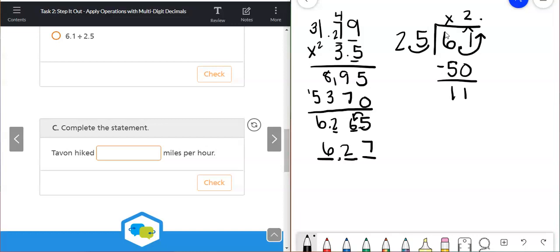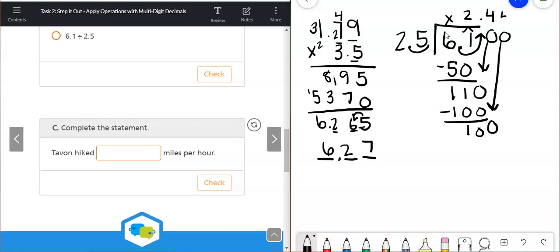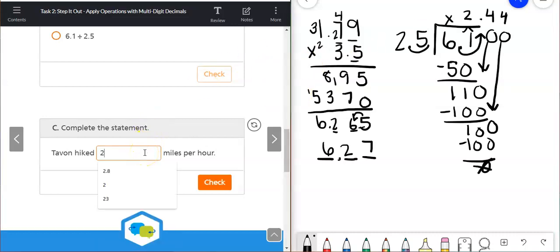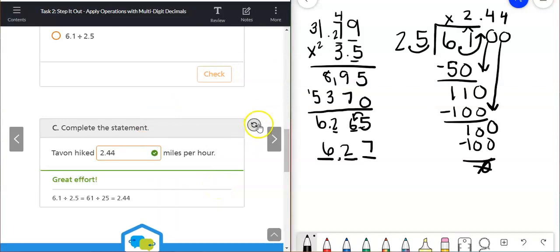Since we have stuff left here and it's a decimal, we're going to annex a 0. 25 goes into 110 4 times, because that is 100. We still have stuff left over, so annex another 0, drop it down. 25 goes into 100 4 times, because that is 100. So our answer is 2.44. Just like that.